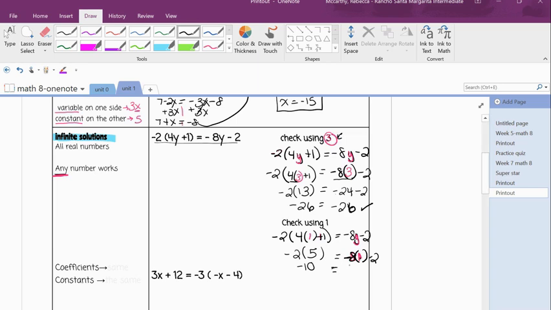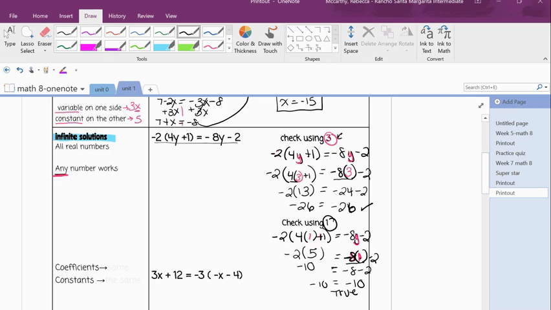Using order of operations, that gives me a negative 8 minus 2, and that also gives me a negative 10. So this side and this side are both negative 10, so this is a true statement. That means 1 also works.